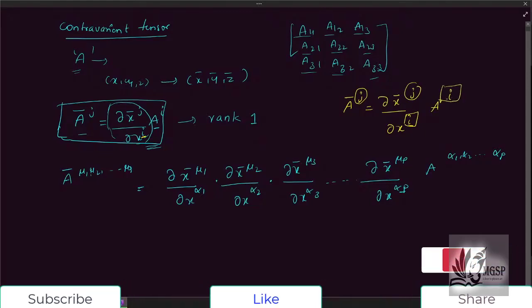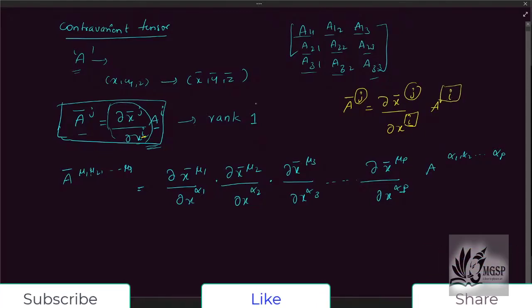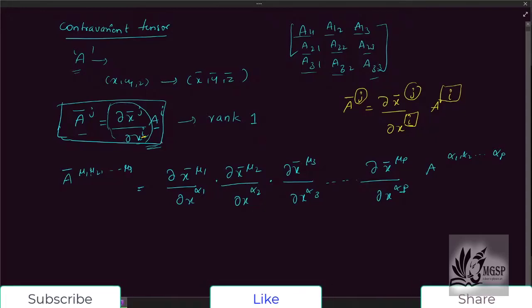You have to note down the indices. According to the indices they have, you have to expand.